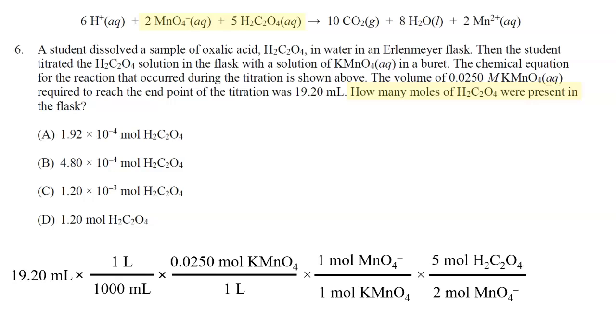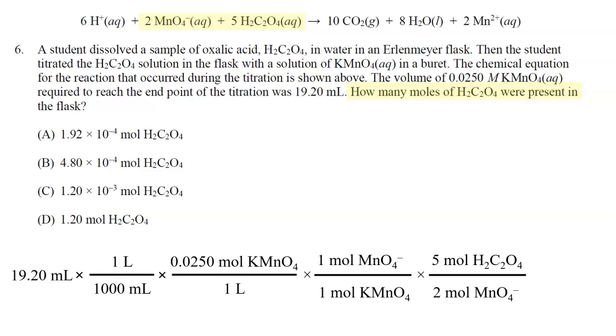Now I'm going to pick up my calculator and start from left to right and do 19.20 divided by 1,000 times 0.0250 times 5 divided by 2. And if I do that math, I will get the number of moles of oxalic acid that were present in the flask.